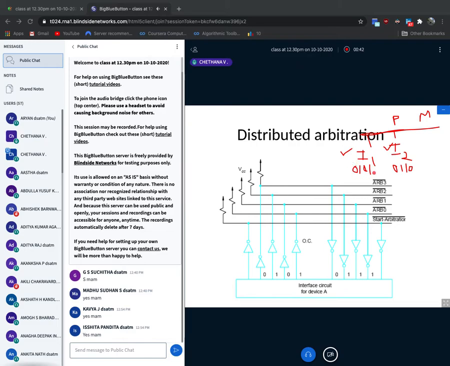I'm just going to make an OR operation of both unique IDs: 0101 and 0110. What will we get? 0111. So whoever is fighting for the bus, I take that ID and put an OR operation.